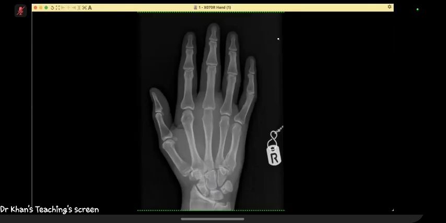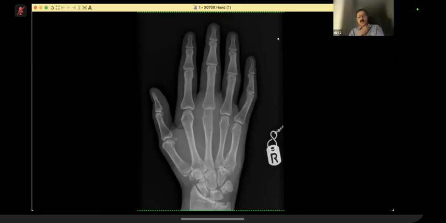So this is a frontal X-ray of the hand. I am just concerned if there is loss of the distal phalanx of the little and ring fingers. Don't worry about the ring finger and little finger.